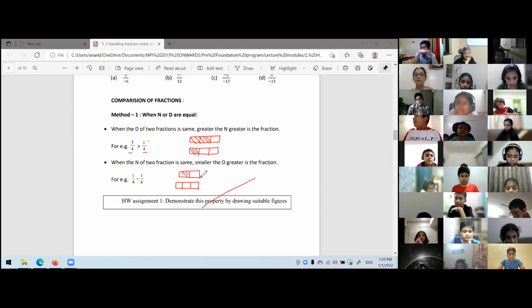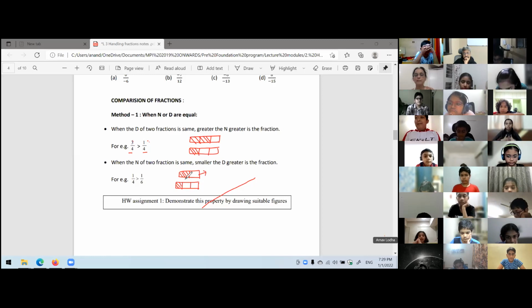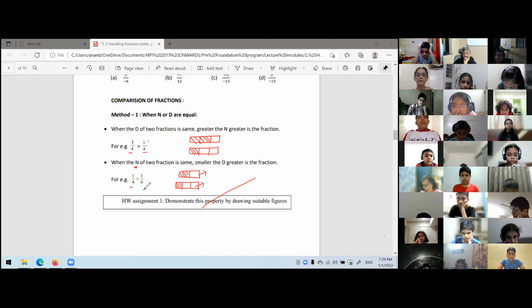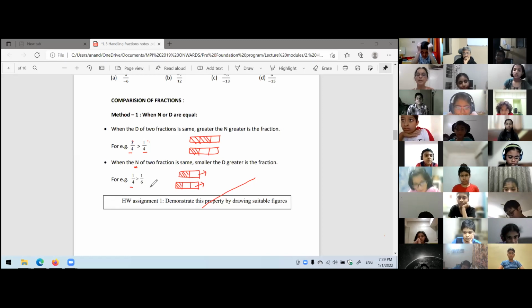Where D is small, part is big. And where D is big, part is small. So when numerators are same, denominators are different, the smaller denominator will tell the bigger part and the bigger denominator will tell the smaller part. Please make strips of all this.